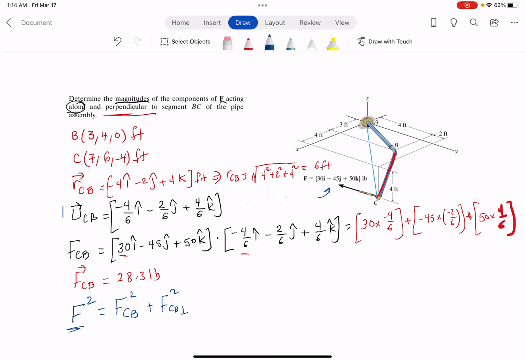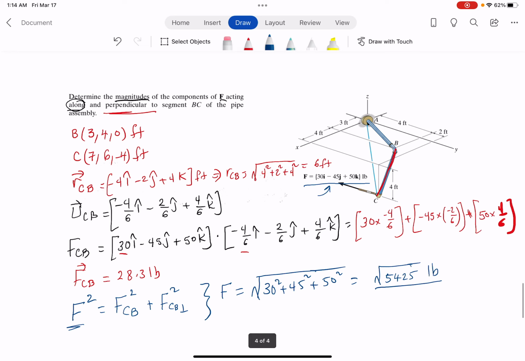We don't have this, but we have the Cartesian format. Let's find the scalar force. It's the square root of 30 squared plus 45 squared plus 50 squared, which is the square root of 5425 pounds.